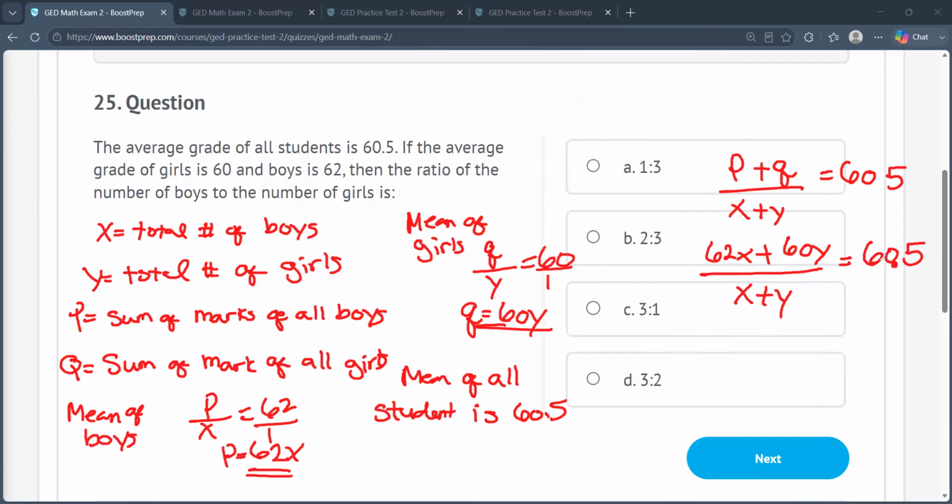And then what we're going to do is cross multiply. So 1 times this whole thing is 62x plus 60y equals 60.5 times x plus y.